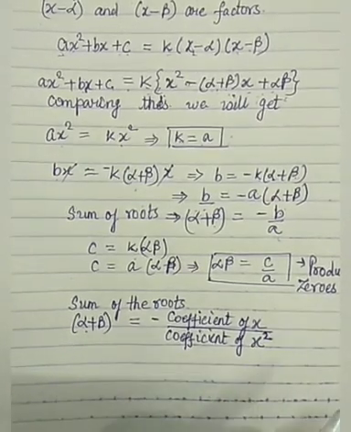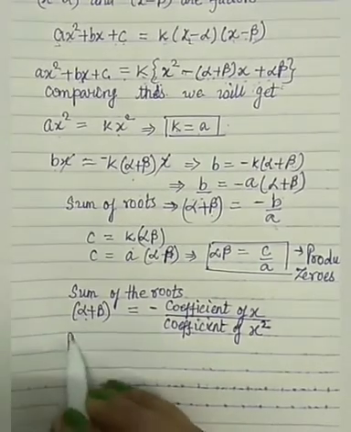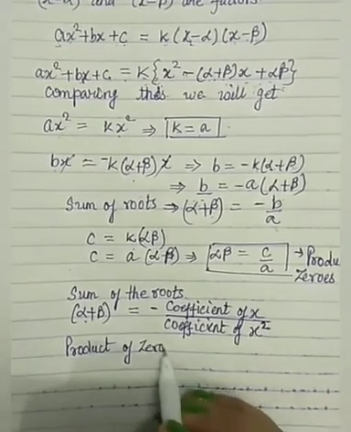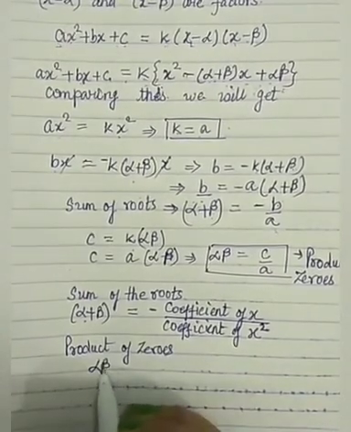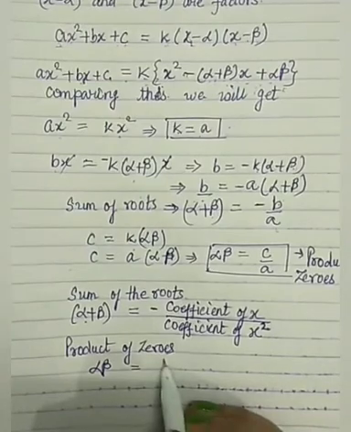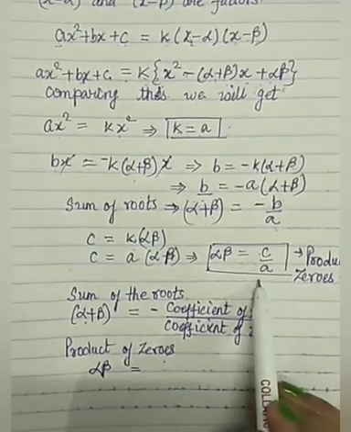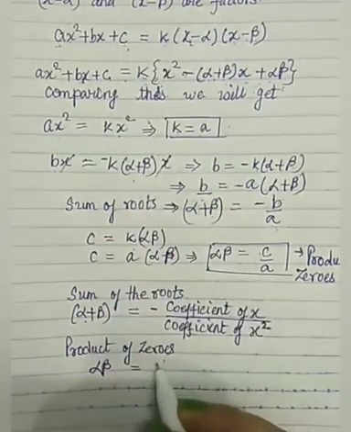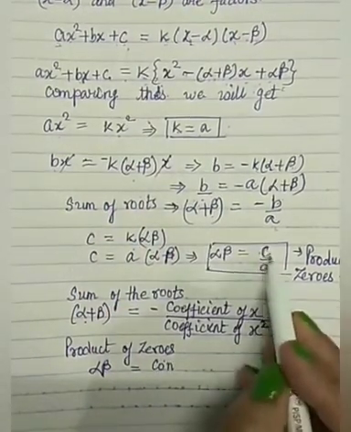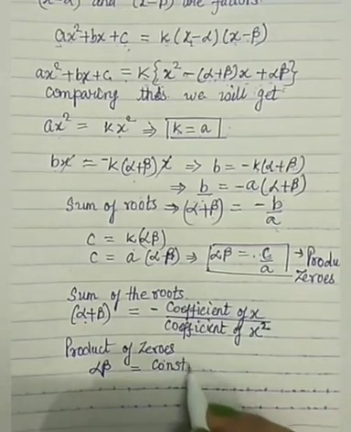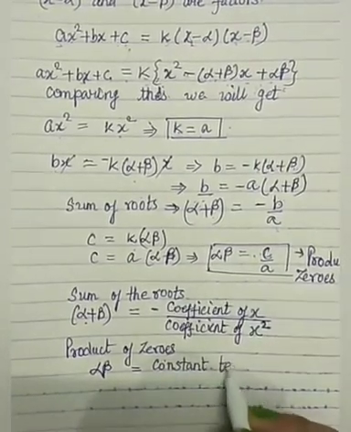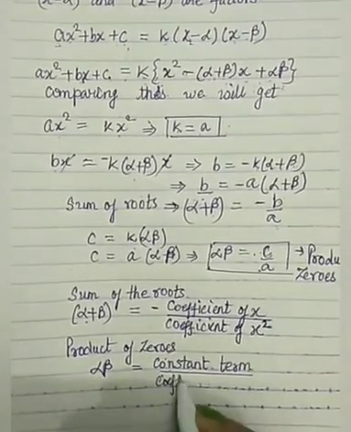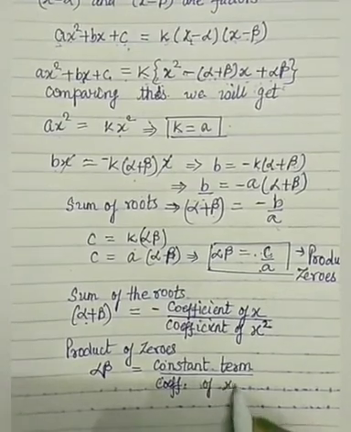Then comes the product of the zeros. The product of the zeros was alpha into beta, and this was c by a. C is the constant term, and it was positive. So the product is the constant term upon a, which is always the coefficient of x square.